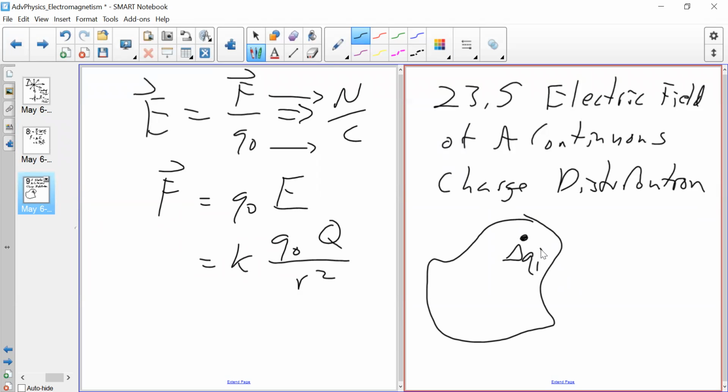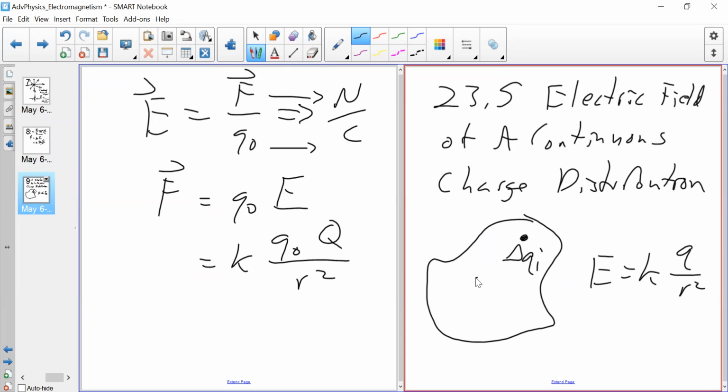We are doing an integral. We are integrating over all of those charges to get an electric field. So our basic electric field equation, KQ over R squared, is for a point.